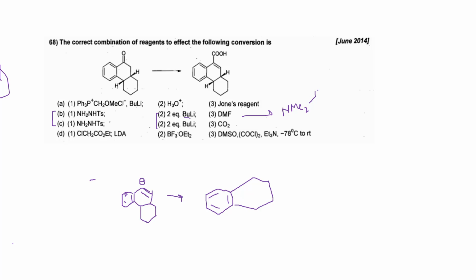So whenever you need an aldehyde, you can use DMF, so that this part is removed and you get CHO as our substituent.